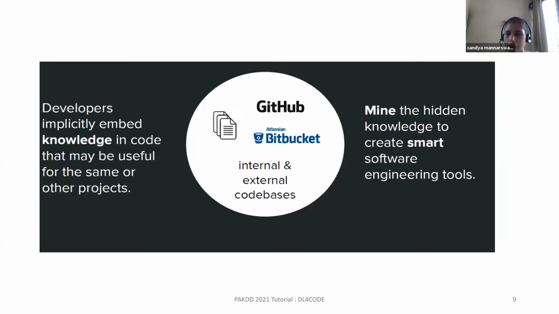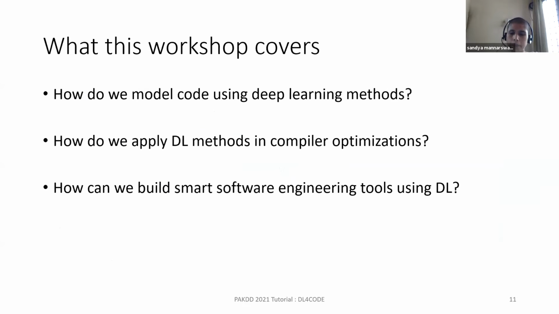This knowledge can be mined by means of deep learning techniques and reused to create smart software engineering tools, whether programming assisting tools like code search, clone detection or code summarization, or tools such as compilers, where we can build better optimizations or generate very efficient code. These are the topics we are going to talk about in today's tutorial.